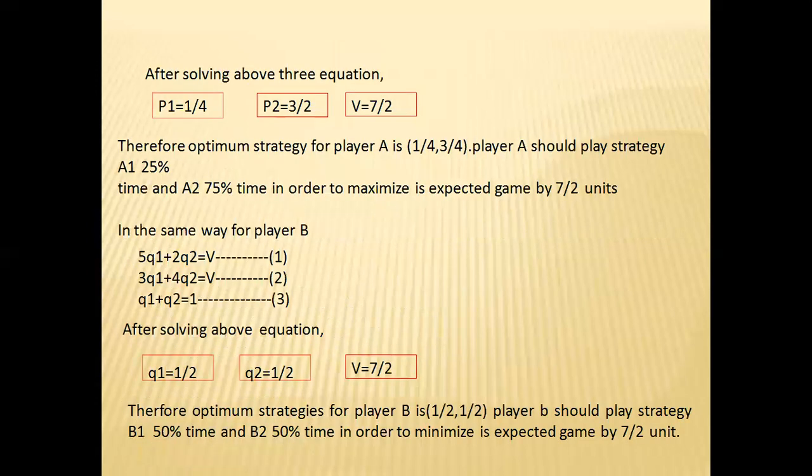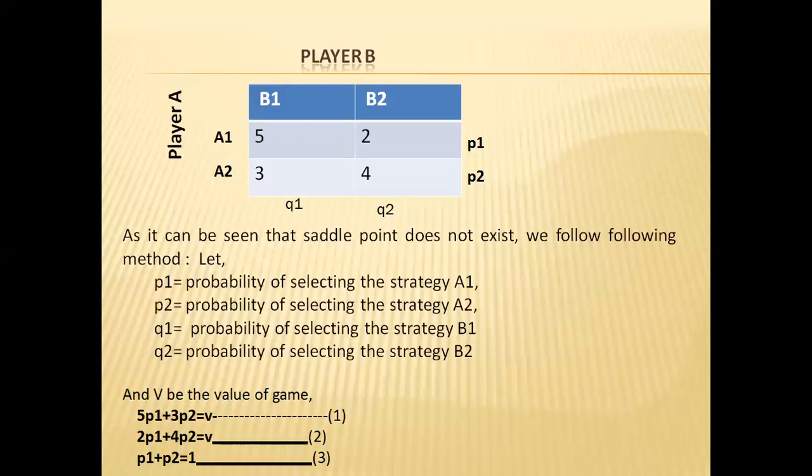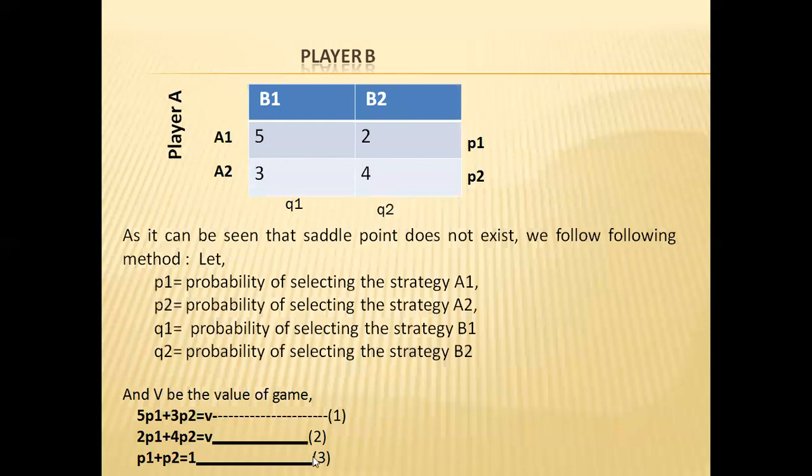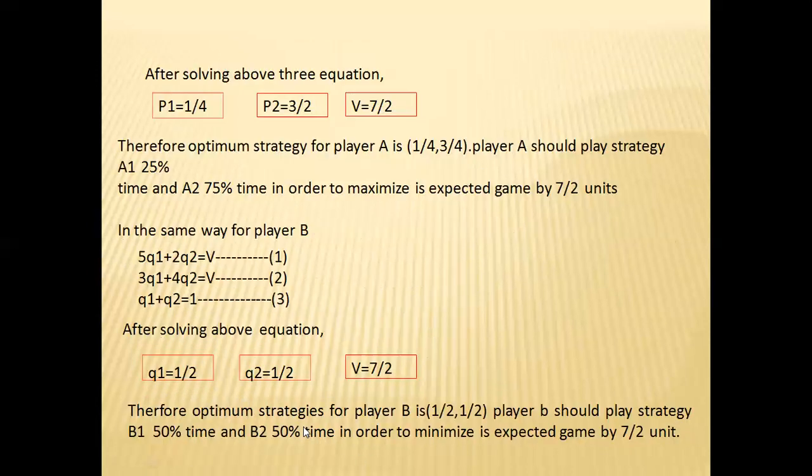So if we solve the above 3 equations, upon elimination, 2P1 plus 2P2 is equal to V, and applying the P1 plus P2 is equal to 1 condition, upon simplification we are getting the P1 value 1 by 4, P2 3 by 4. Applying the P1 and P2 values in any one of equation 1 and equation 2, we get the V value, that is V is equal to 7 by 2.